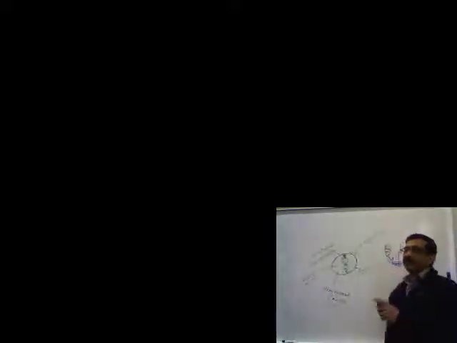Root is located inside the bony sockets in maxilla and mandible, inside the bone. And the neck part is the area between the crown and the root.